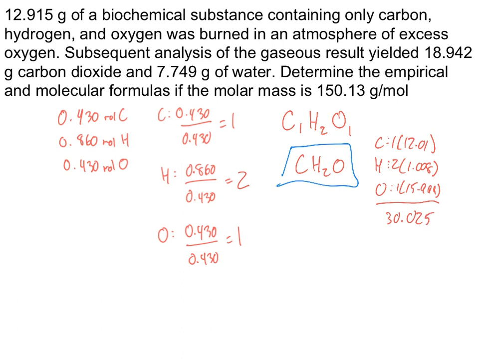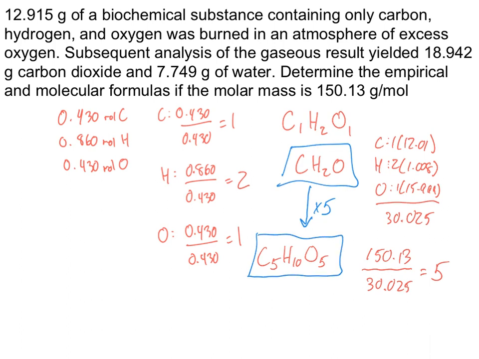We then take our molar mass of 150.13, divide that by our empirical mass, and we get 5, which tells us that we want to take our empirical formula, scale that up by a factor of 5 in order to get our molecular formula for a final molecular formula of C5H10O5.